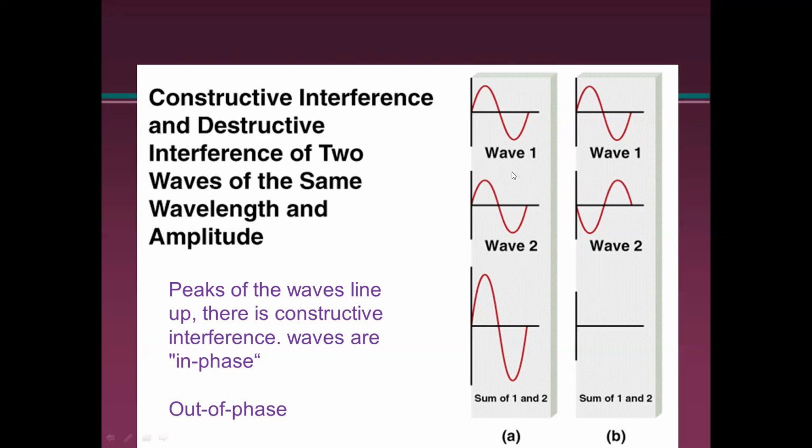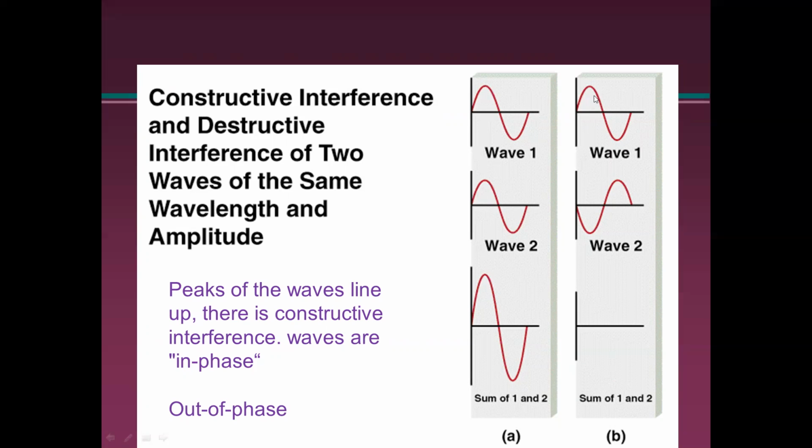In other words, if you put them together, they overlap. When you add these two in-phase waves together, the sum of the wave will be like this, which means their amplitude is enhanced or increased, right? Because basically you're adding these two together. This is the situation where the two waves are in phase.